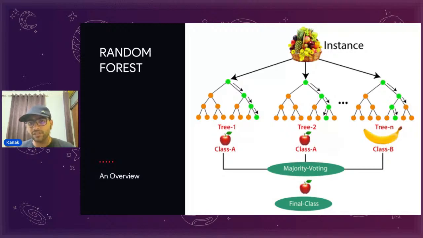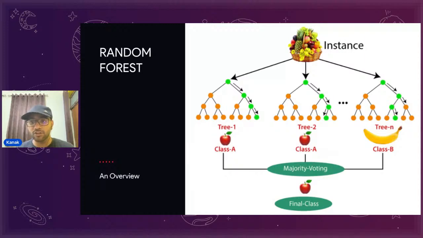So random forest creates multiple decision trees based on these attributes, and when a new data point occurs, each decision tree will produce a prediction. For example, these two decision trees said that the fruit is apple, whereas this last decision tree said that the fruit is banana.